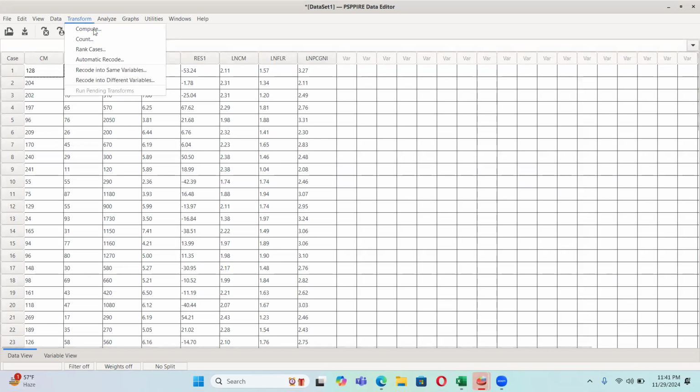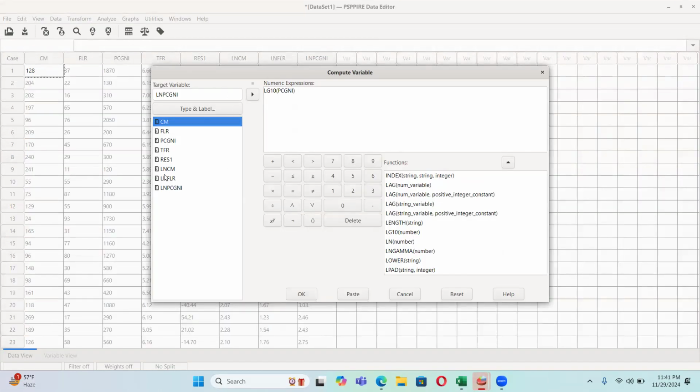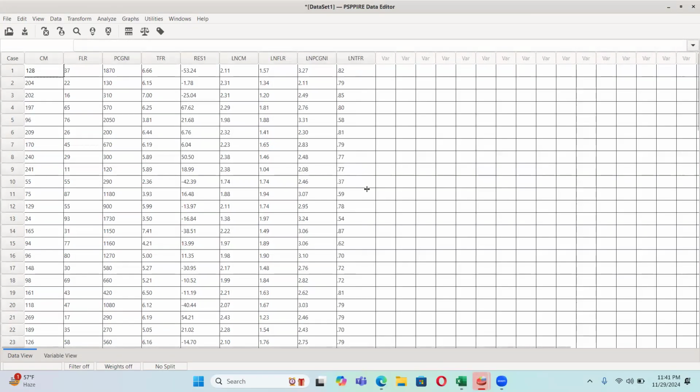And lastly, we can do this for total fertility rate. We are not supposed to type it; we are supposed to move this variable inside the bracket. Okay, so we have this.